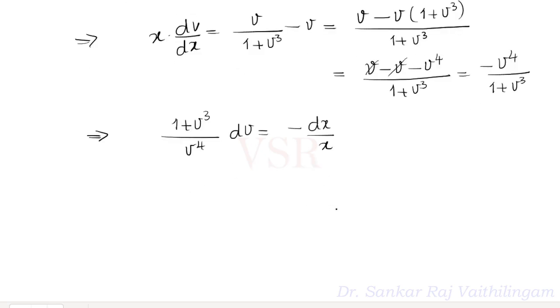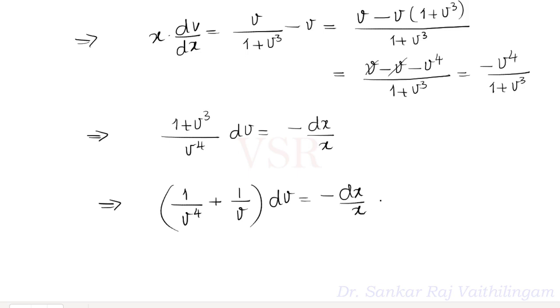So in this case, look, there is 1 plus here. So we can split these two. So this implies that 1 divided by v to the power 4 plus v cube divided by v power 4, that is 1 by v. So we'll have 1 by v times dv is equal to minus dx by x.